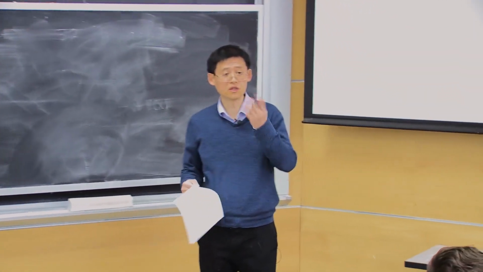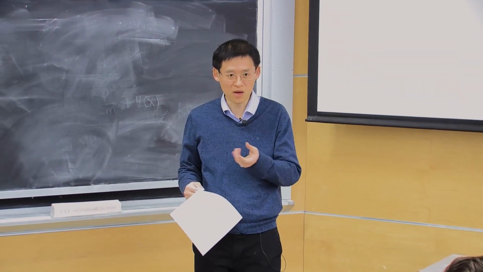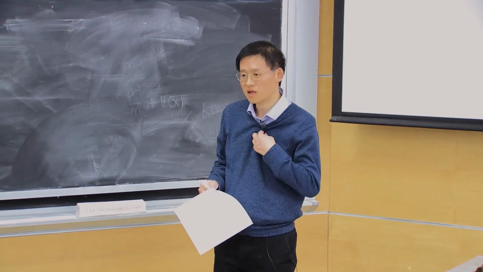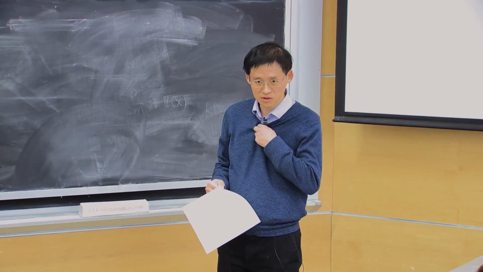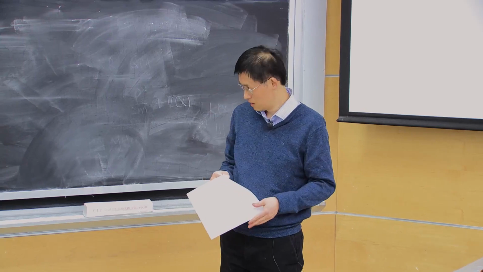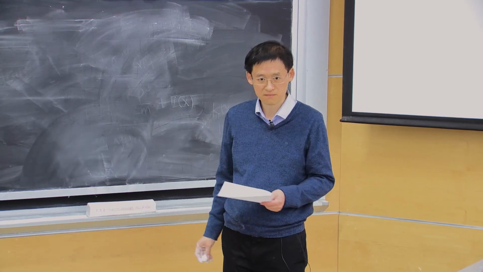So these two are the same. I introduce an additional t prime, but I also introduce a delta function. When you evaluate that delta function with the t prime integral, you just get back the expression above.